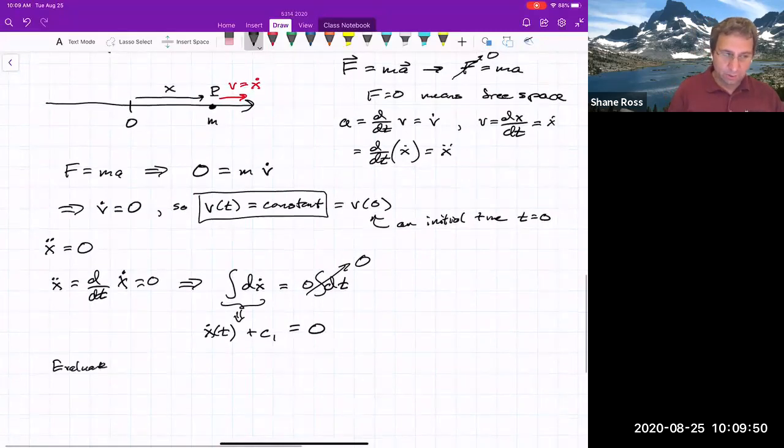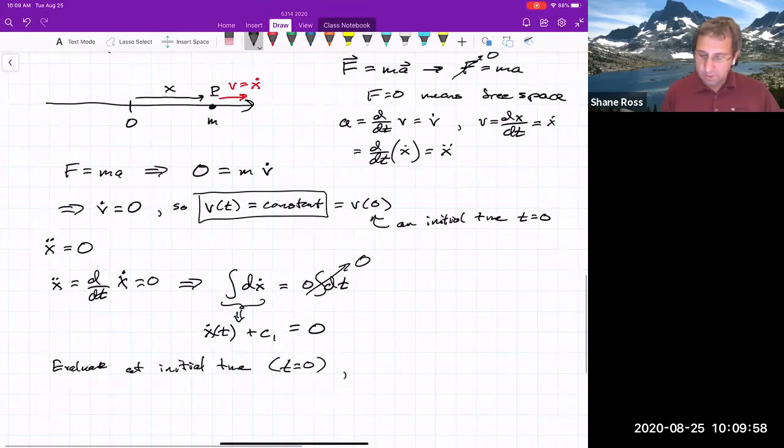Now let's evaluate at the initial time. If we evaluate at the initial time, that gives us x dot at 0 plus c1 equals 0.